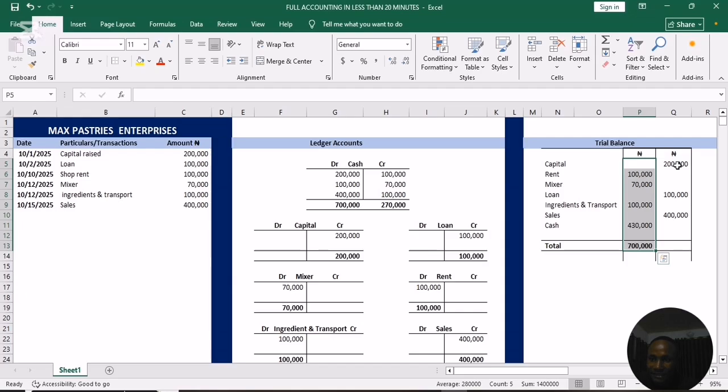So the credit side, let's see about it. We are supposed to have the same amount. So we pull it right here, then we hit our summation. Good. So definitely our entries are absolutely correct. So we are having equal debit and credit side. Absolutely nice. So let's move to the next.